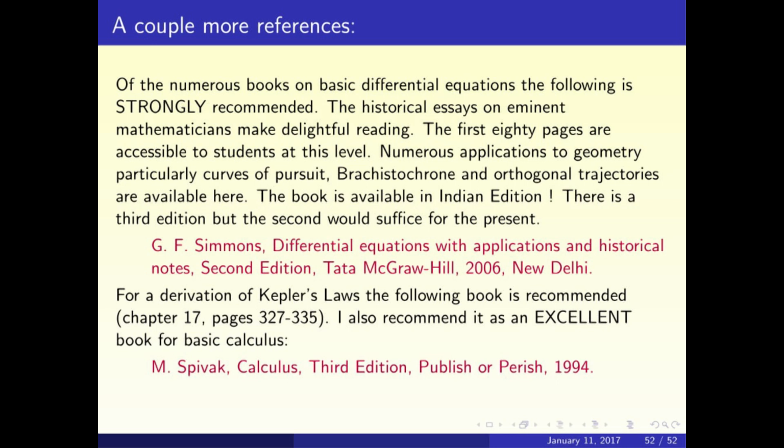The historical essays on eminent mathematicians make delightful reading. The first 80 pages are accessible to you. Numerous applications with geometry, curves of pursuit, the brachistochrone problem, and orthogonal trajectories are available. The book is available in an Indian edition.